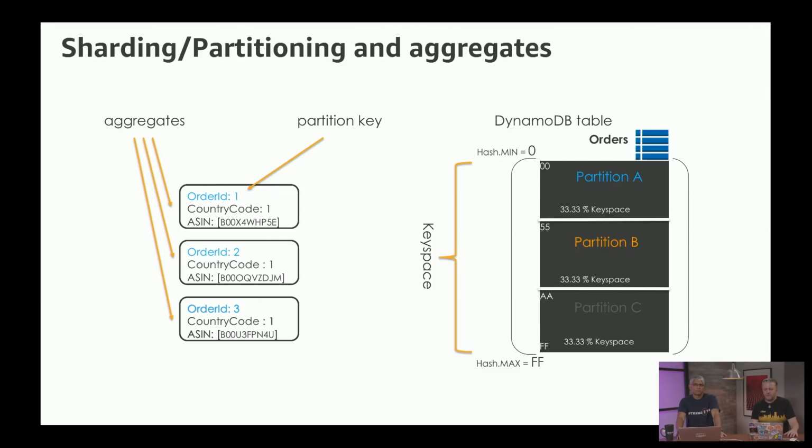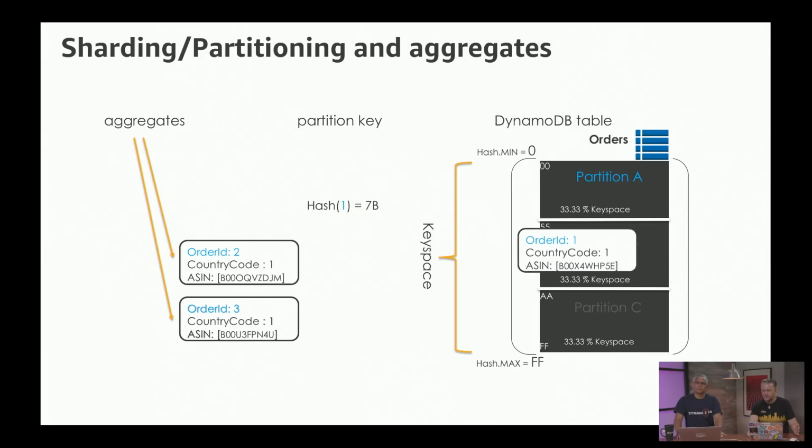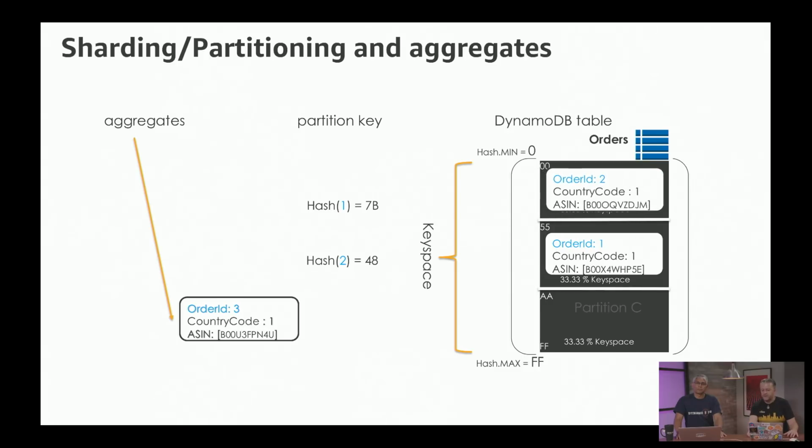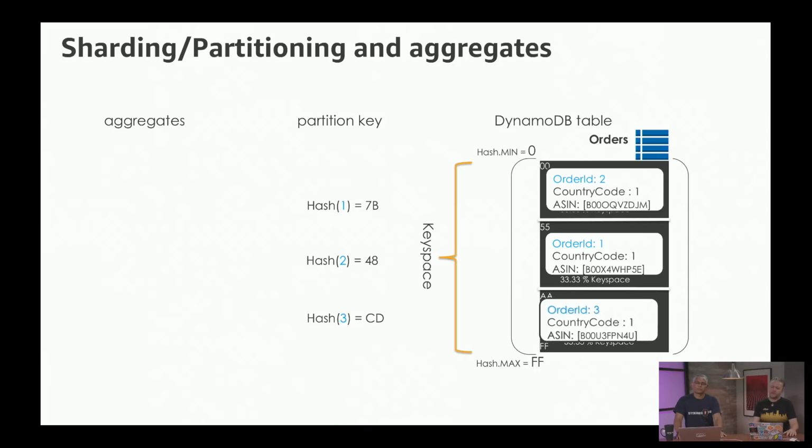And when we do a put item on any of these orders, the service will hash the partition key and figure out what partition this particular order will go to. And because they all have different values for the partition key, they will all end up in different partitions.